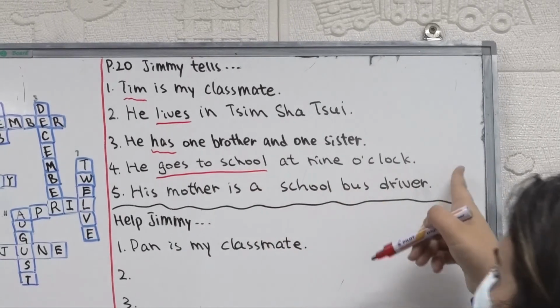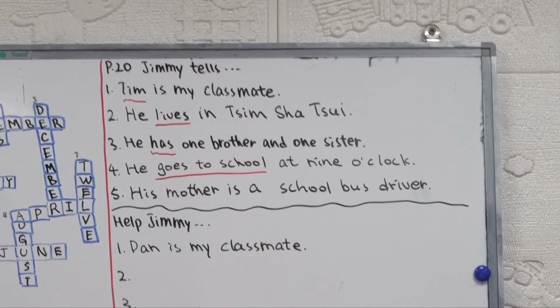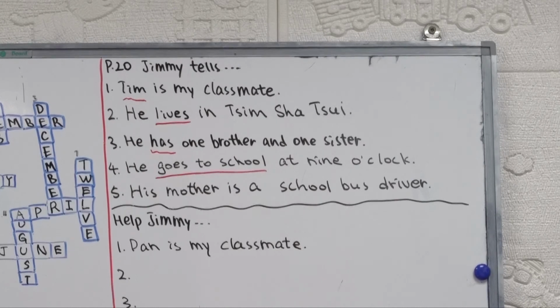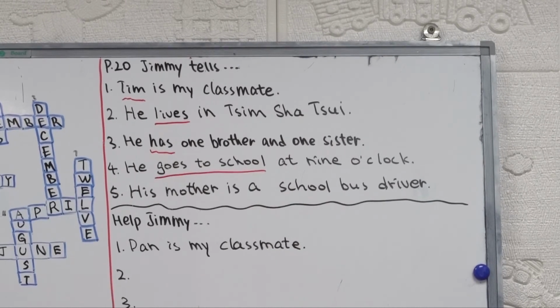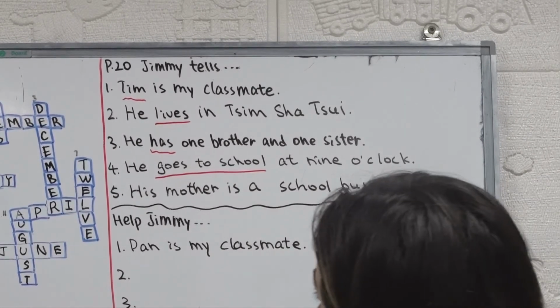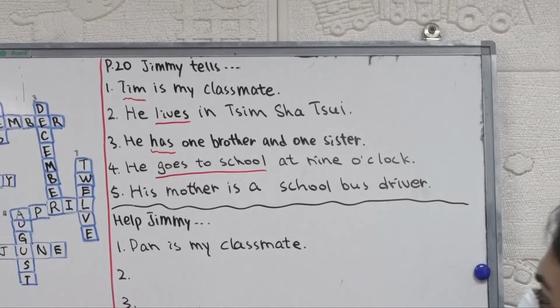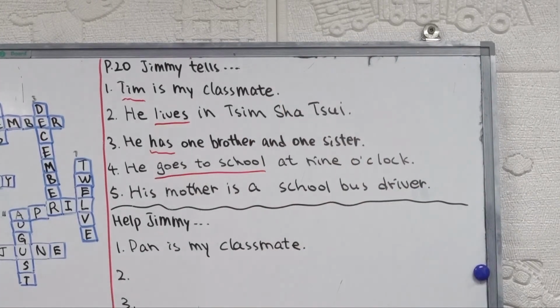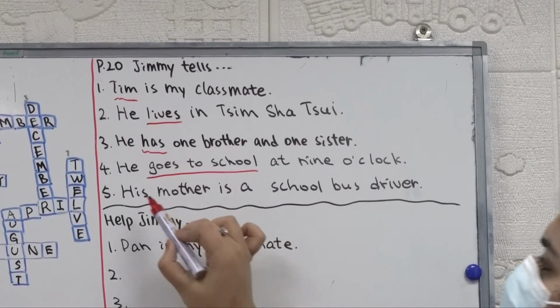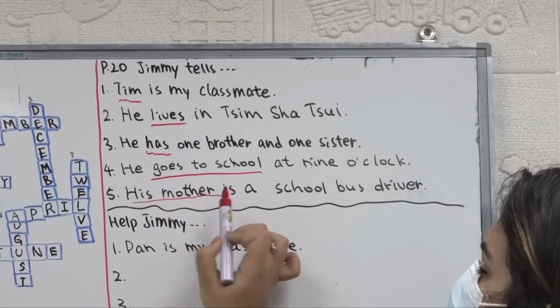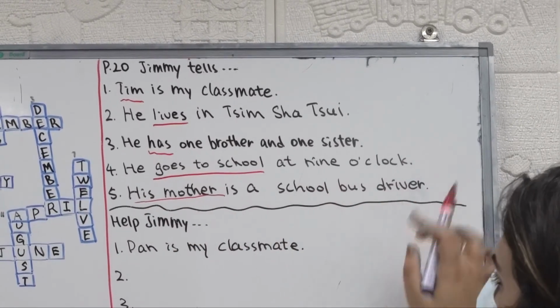That is at 9 o'clock, which refers to the picture. Okay? Number 5, his mother is a school bus driver. So Jimmy talked about what his mother does, right? His mother is a school bus driver.